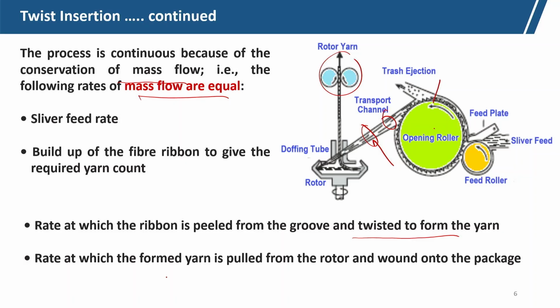So, the process will continue. First sliver is fed, then build up of ribbon, then the ribbon is twisted and peeled off, then yarn is formed. These are the stages.